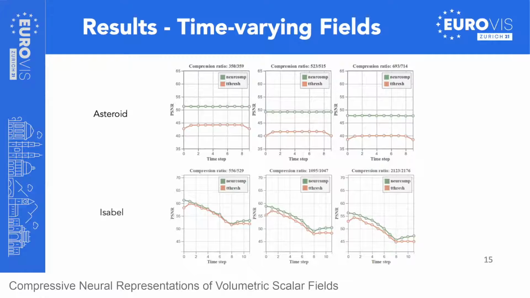In part, this is due to the fine resolution of sampling in time, where the simulation evolves very slowly. For the Isabel dataset, our method performs comparably to TTHRESH at low compression ratio, except for the start and end time steps where we outperform, as shown in the bottom row. For higher compression levels, however, our method gains larger boosts in performance over TTHRESH at all time steps, showing the preference of our method for high compression ratio scenarios.